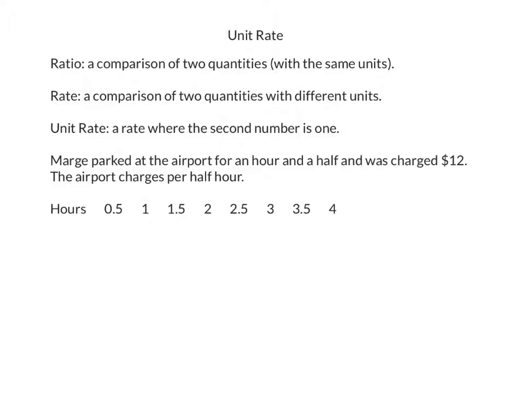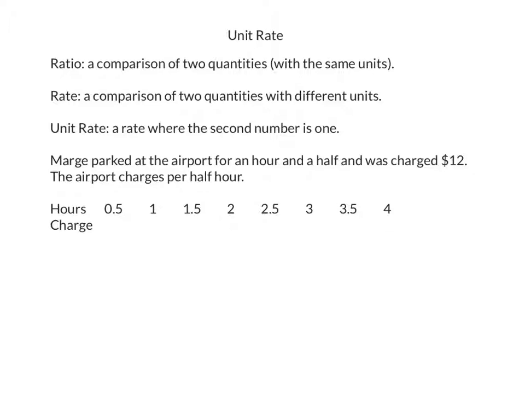So let's do an example where we complete a table, write a unit rate for the given situation, and then graph the relationship on a coordinate plane. So we have this table. You can see that it has the hours: half an hour, 1, 1.5, 2, 2.5, 3, 3.5, 4 hours.